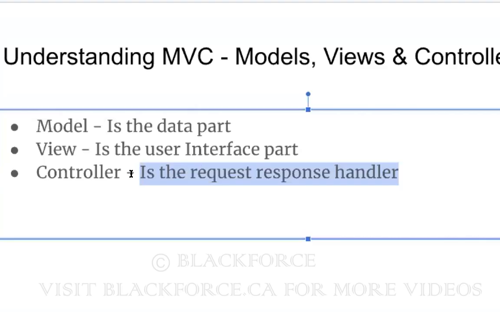This is why I said the controller is a request handler, right? This is where you do the majority of your logic, and this is where you use all those functions, the variables, the loops, the if else, or most of all those JavaScript syntax you learned, you're majorly going to be using them in your controller file.